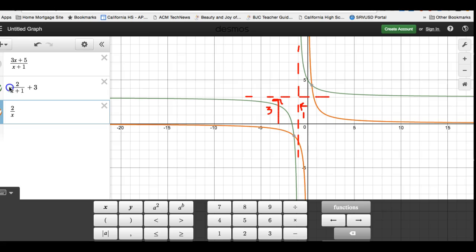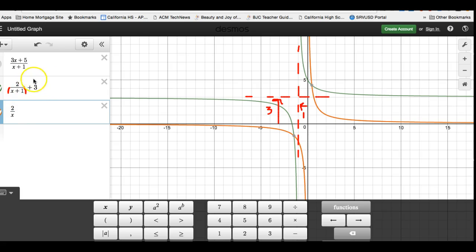Looking at x minus h and then plus k, k is your vertical transformation and h is your horizontal transformation. The same rules apply to transformations we've been looking at all along. If it's x plus 1, that means it's a shift 1 unit to the left.